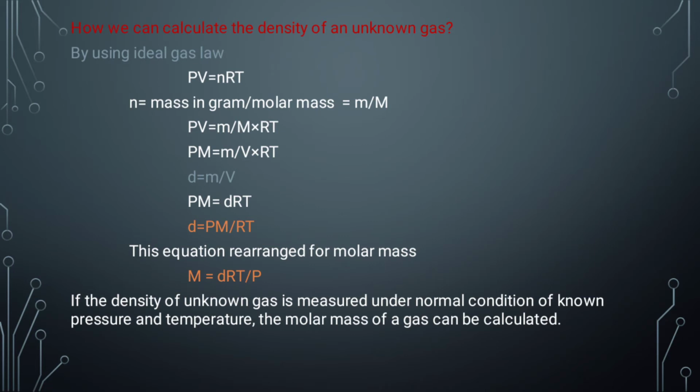So D = PM/RT. By using this equation, we get the density of an unknown gas. This equation rearranged for molar mass gives M = DRT/P. So if the density of an unknown gas is measured under known pressure and temperature, the molar mass of the gas can be calculated.